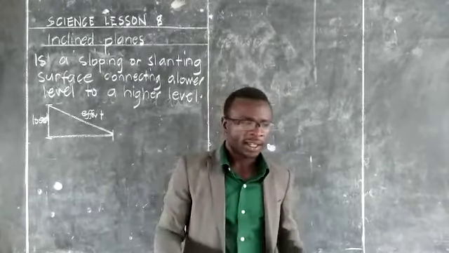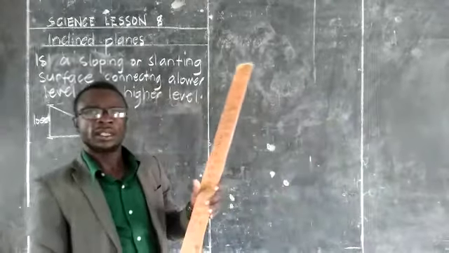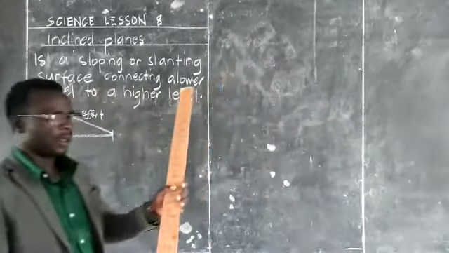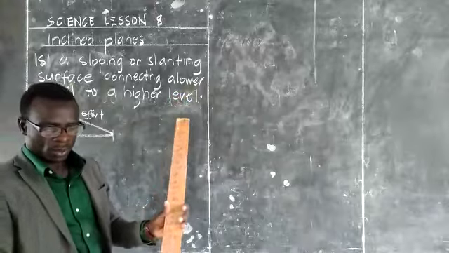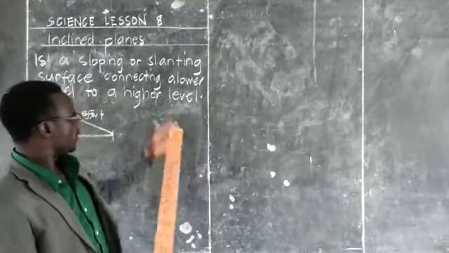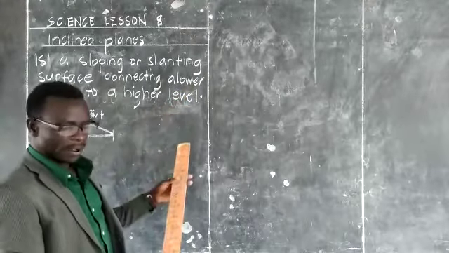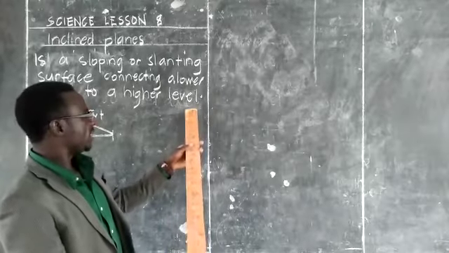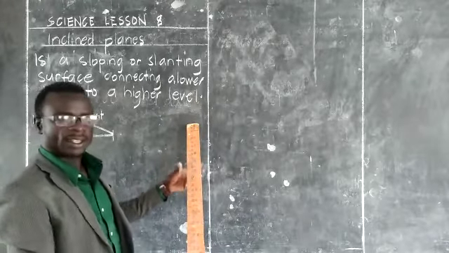It could be a wooden material like this one here. If you want to load a vehicle, you put it in a slanting way, like this.